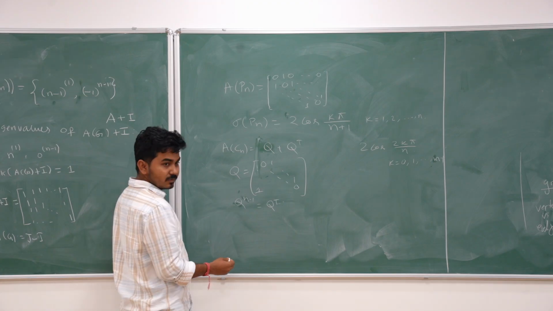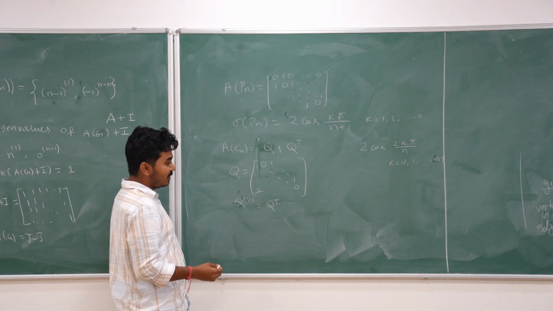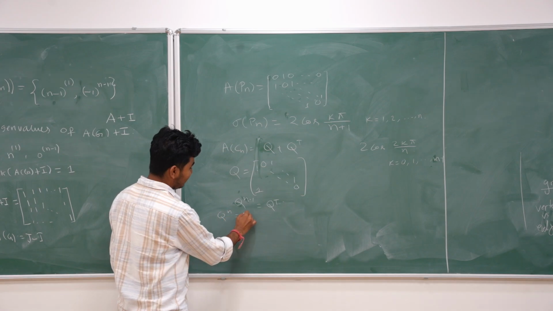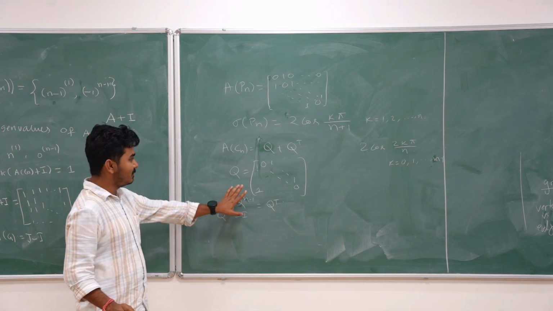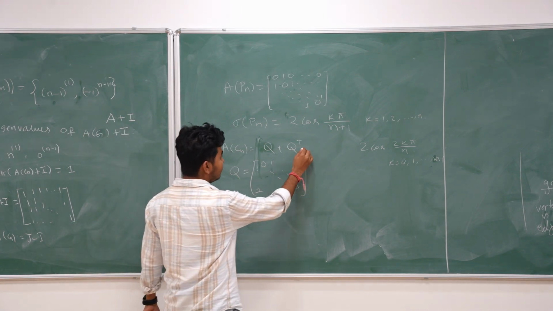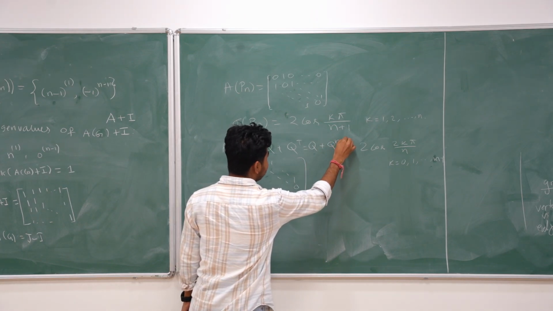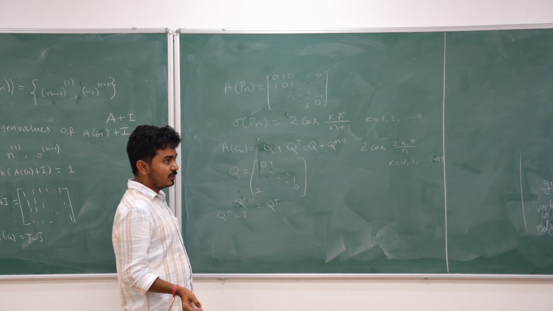Q inverse equals Q transpose. So this is Q plus Q to the power n minus 1.